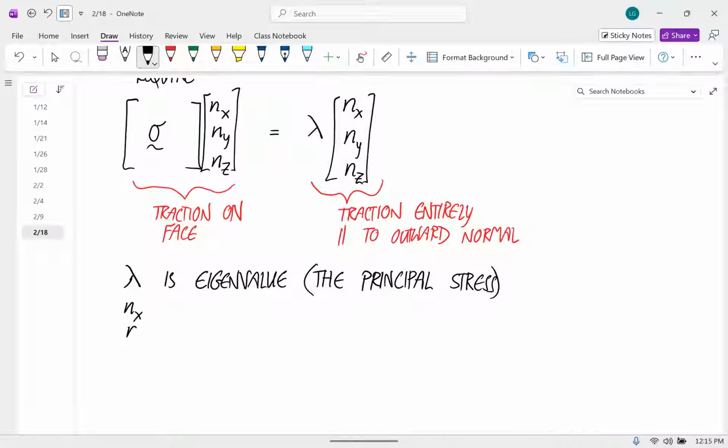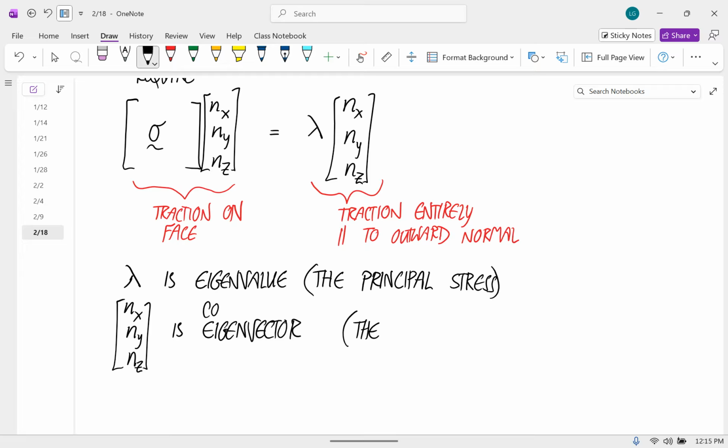nx, ny, and nz is the eigenvector. And this is a corresponding eigenvector. Remember, a single eigenvalue and a single eigenvector are always connected.